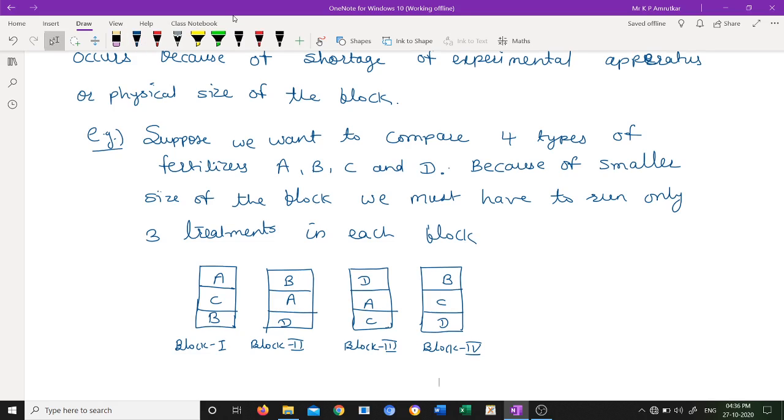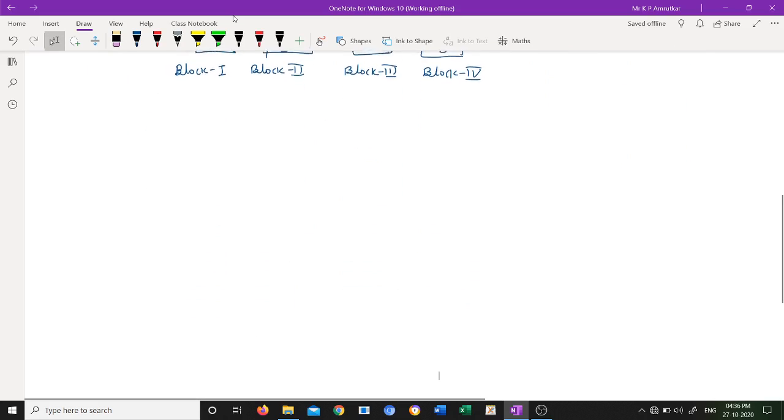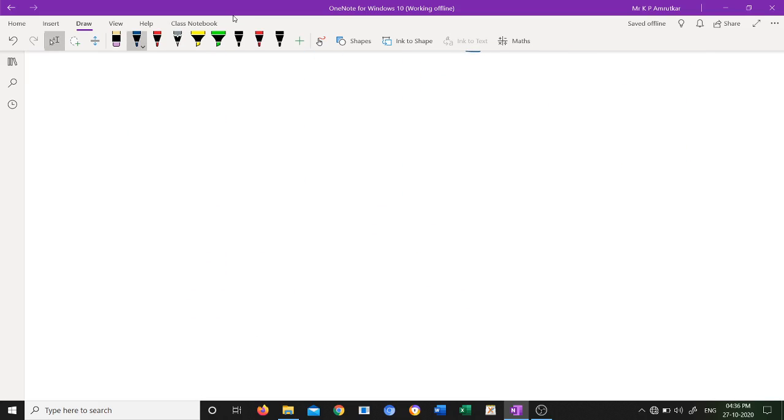Now we are going to see the balanced incomplete block design, BIBD.